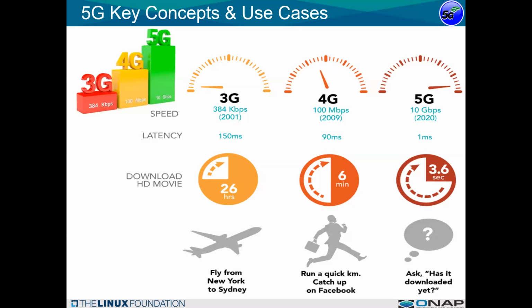And what's important about the latency is 1G and 2G and 3G, the reason why there was so much focus on voice was because 150 milliseconds is what your ear can detect.